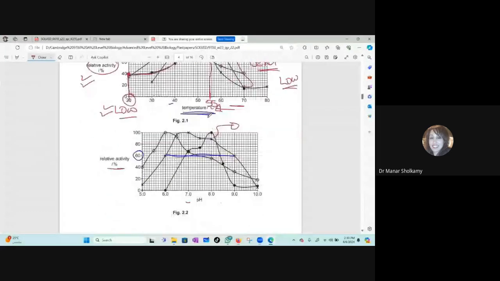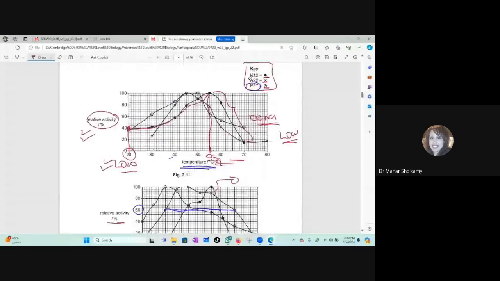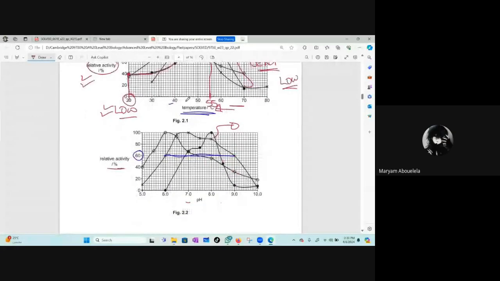Now let's look at its pH. Doctor, can't we say as an advantage that K12 easily reaches its maximum activity at low temperatures? Yes, you can say that because this is a suggest question. They want your opinion. And as long as you're getting correct information from the graph, it is correct. You think that it will quickly reach its optimum temperature.